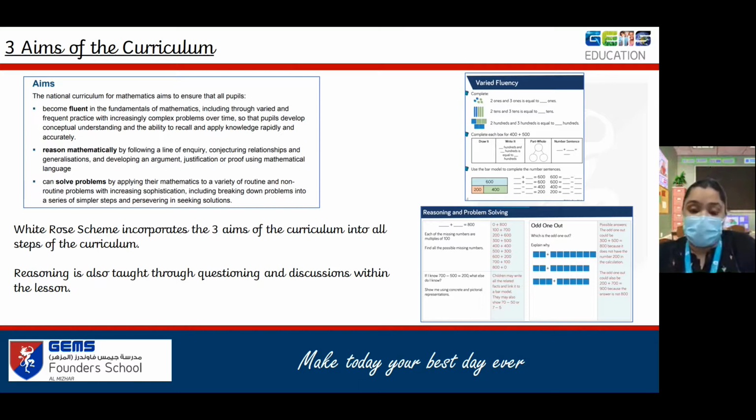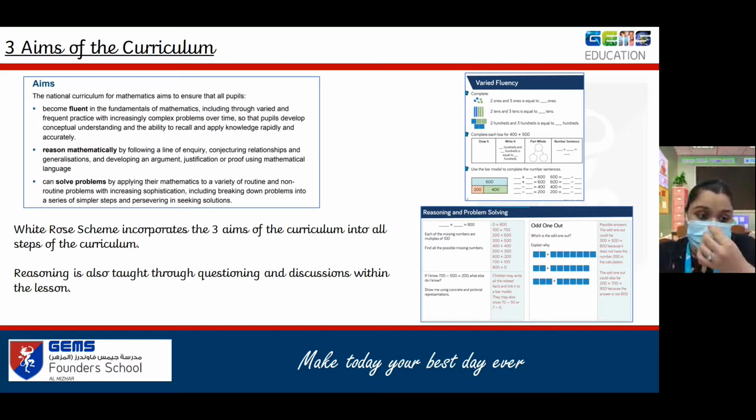Of course, that is where the children first need to understand the fluency. They need to understand the problems and how to solve them. Only then will they be able to attempt the reasoning questions and justify their answers.